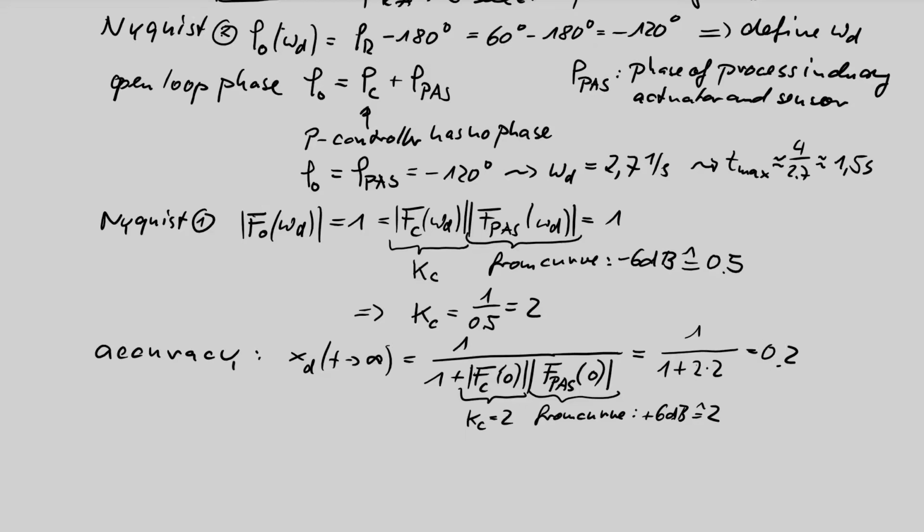That means if this is a reference step response after a unit step at the desired input, we want to have a 1. We get an error of 0.2. This is an error of 20%.